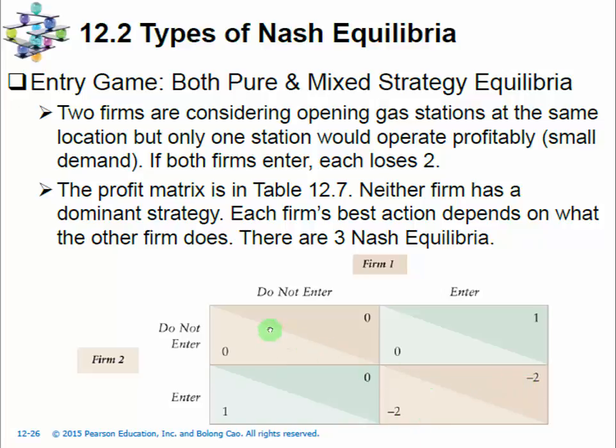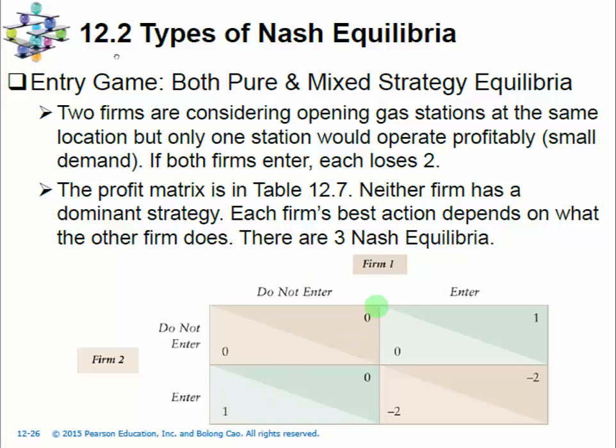If they do not enter, of course, they receive 0. But if one firm enters and the other stays out, the entrant will receive 1 as the profit. So is the case for firm 2. If firm 2 enters this market and firm 1 stays out, firm 2 will receive 1.